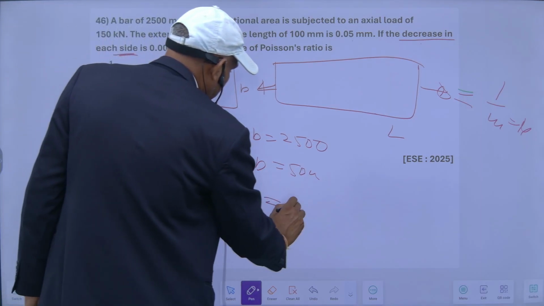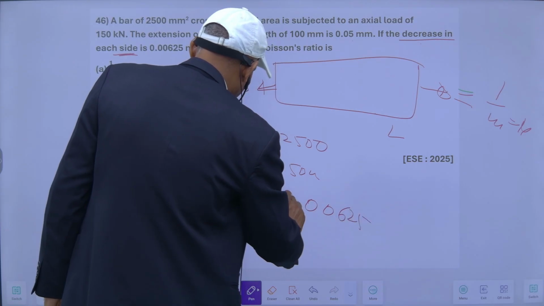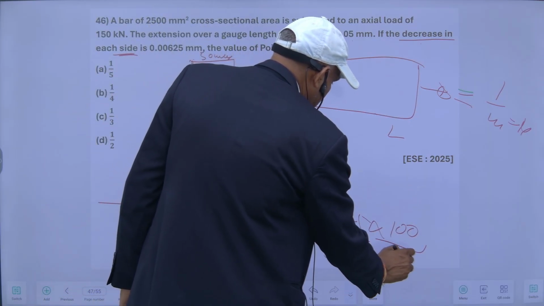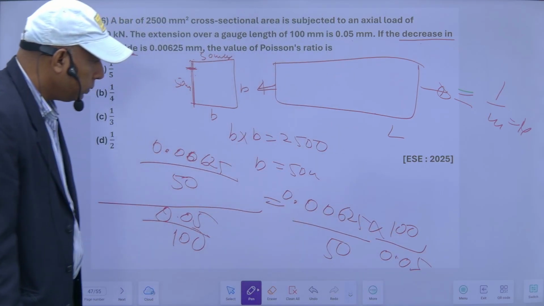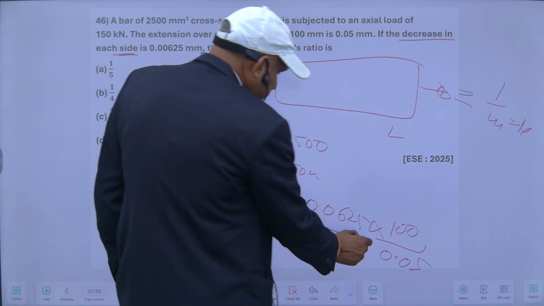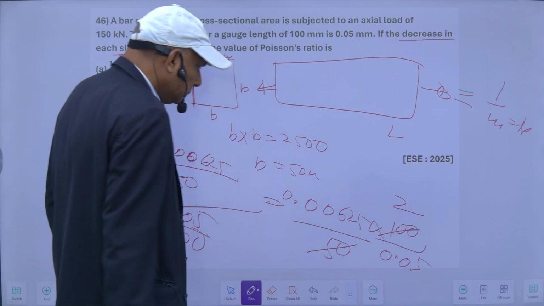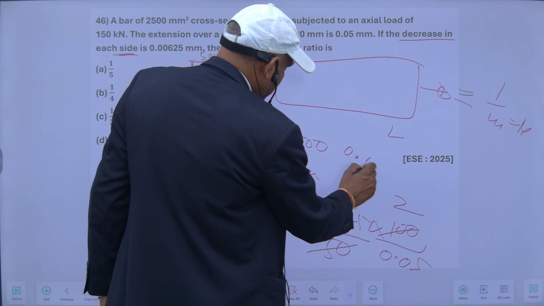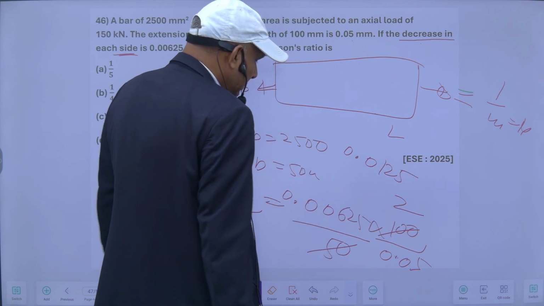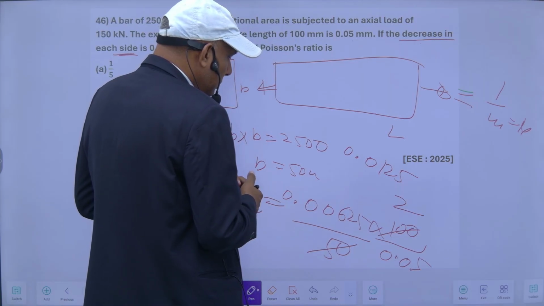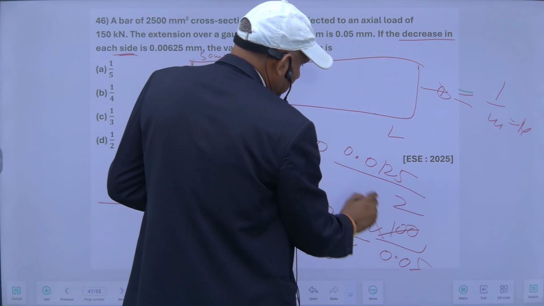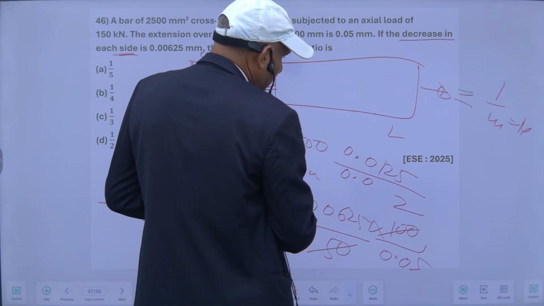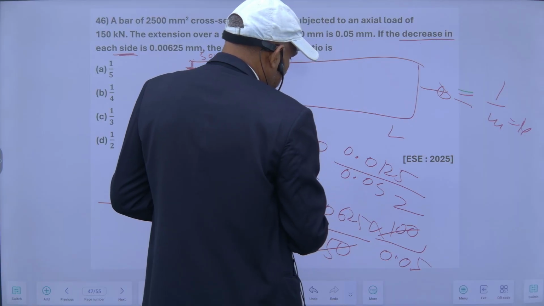So when you multiply it, it will be 0.0125 divided by 0.05.